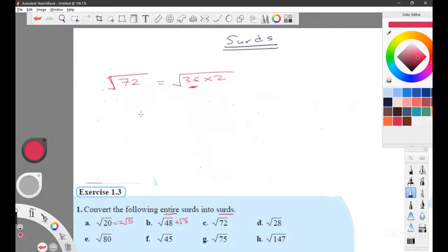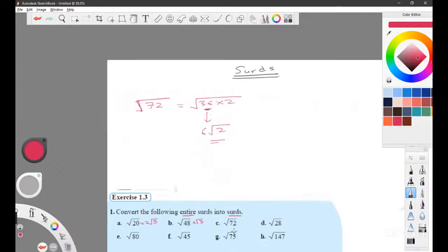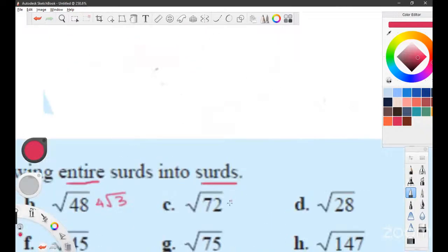What makes 36? 6 times 6 makes 36. So I can write 36 as 6 outside the surd. So 6 square root 2 will be your surd. So this one I can write as 6 root 2.